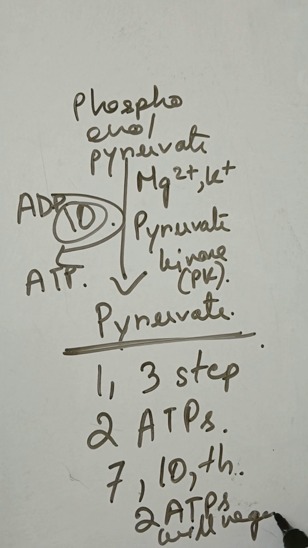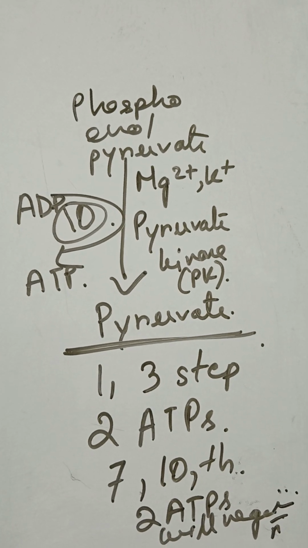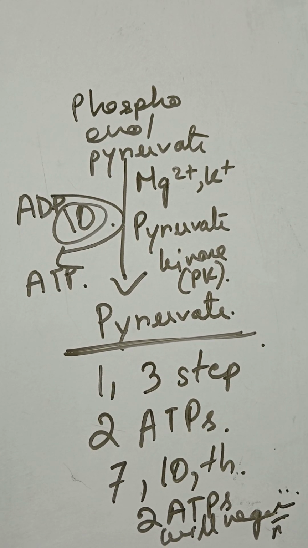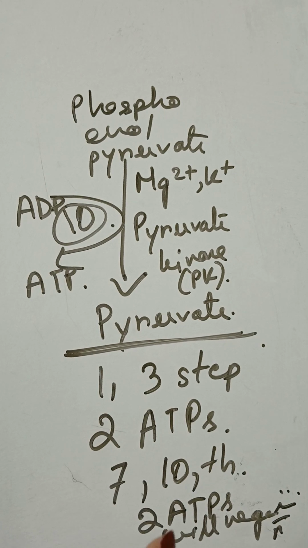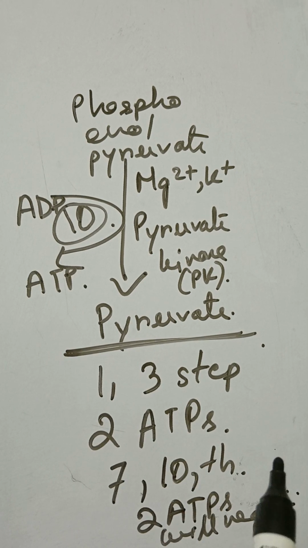In this way 2 moles of ATP will be produced, and from 1 unit of glucose, 2 units of pyruvic acid will also be produced. So this is the whole process of glycolysis.